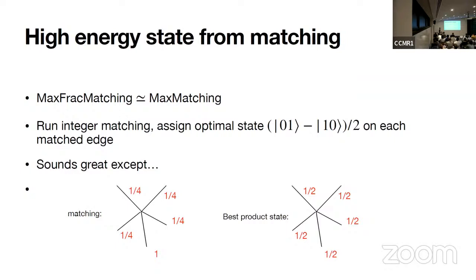If it has high degree like this, and you assign a single-edge state on a single edge, then it forces the rest of the edges to have energy 1/4. On the other hand, if you have the best product state, for example 0 in the center and 1 on the leaves, then it has energy half on each edge. So if you add them up, the product state has higher energy.